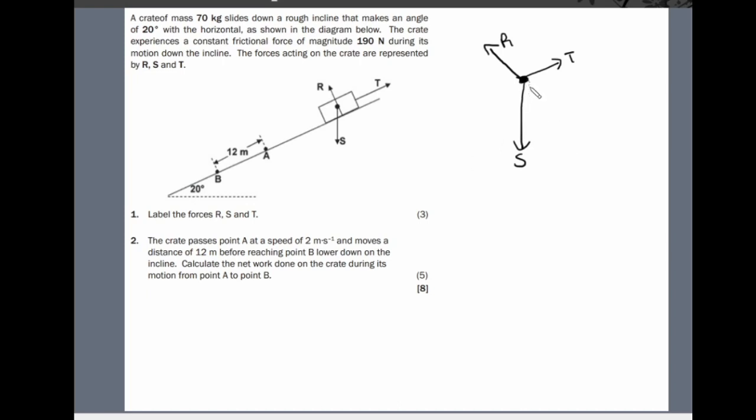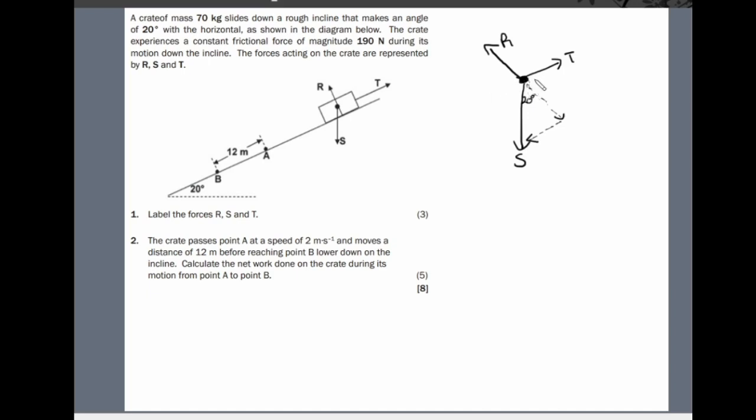So the perpendicular component will be this one, and the parallel one will be this one, right? And then the angle between the perpendicular component and the actual gravity will be the angle theta. In this case, it will be 20 degrees, right?